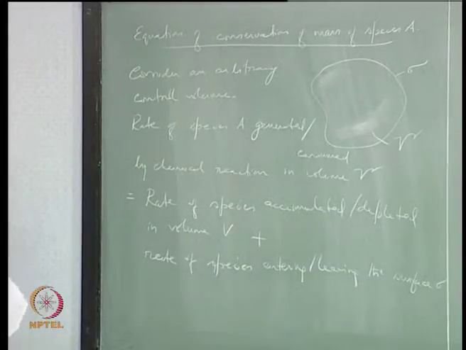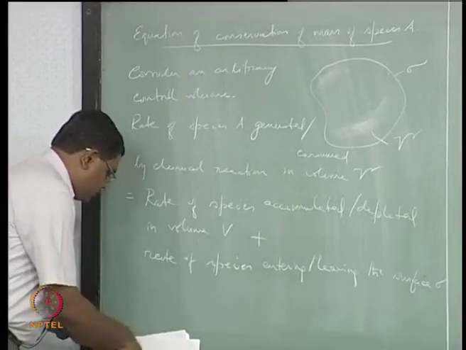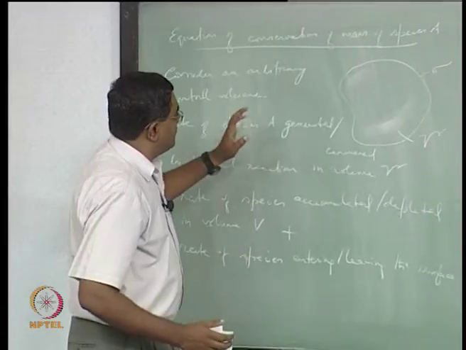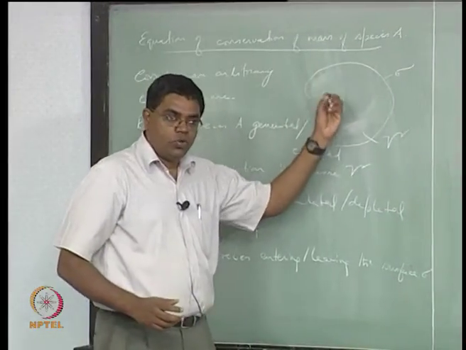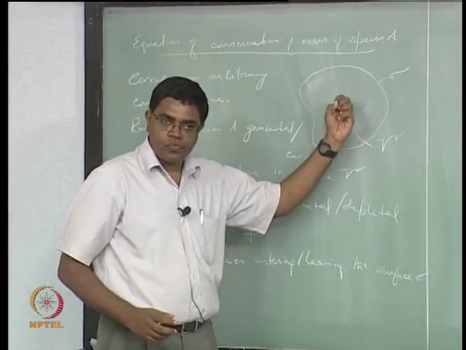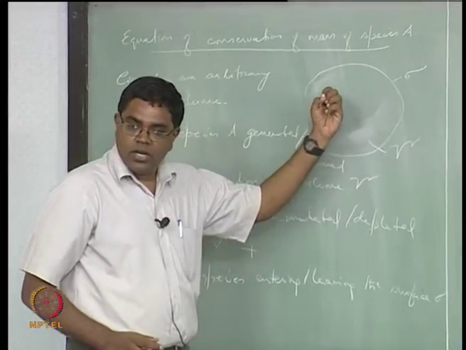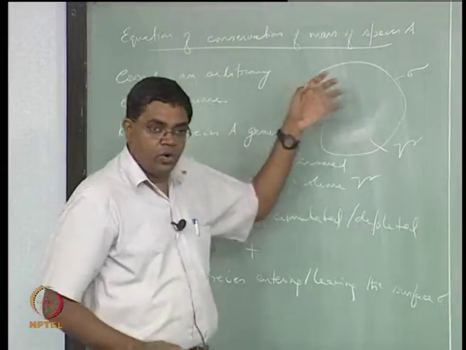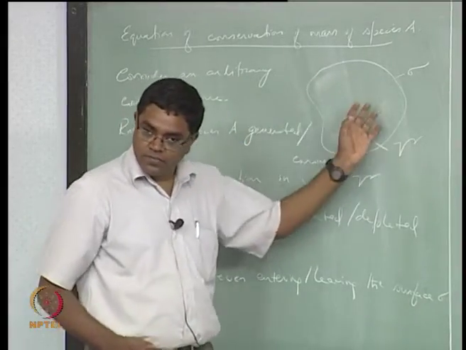So there are three things that are happening primarily. One, you have species getting generated or consumed within this control volume, okay, and you have species coming in and going out of the control surface.